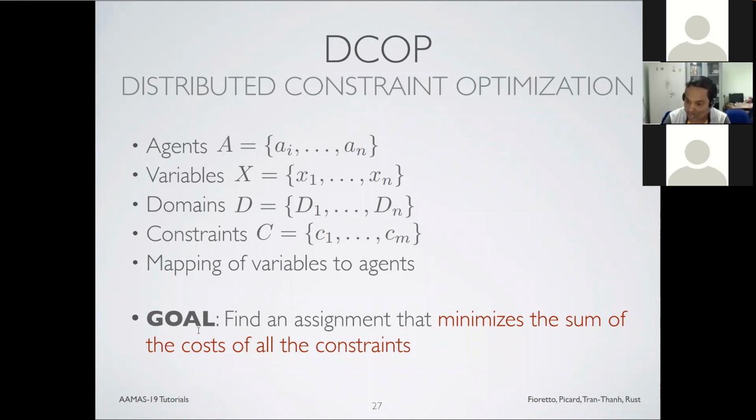They do tasks for some objective. Here the objective is to minimize the sum of the cost for an assignment. What we discussed yesterday, the definition of agent and multi-agent system, you can see how that relates to DCOP: find an assignment that minimizes the sum of the cost of all the constraints.